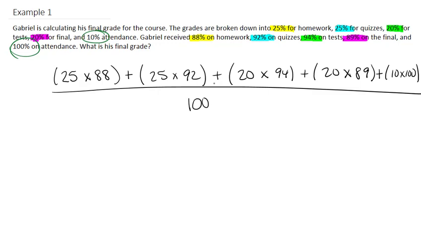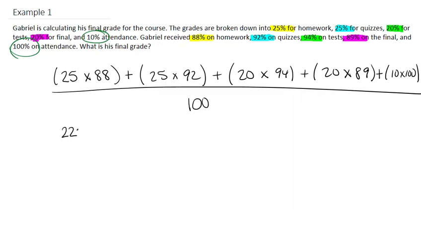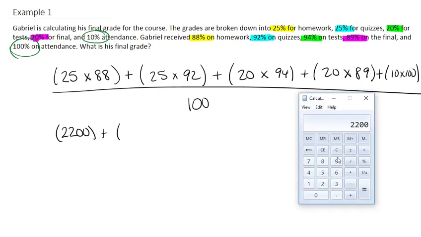So let's now do the calculations on our calculator. We have 25 times 88, which is equal to 2200. Next we have 25 times 92, which is equal to 2300.